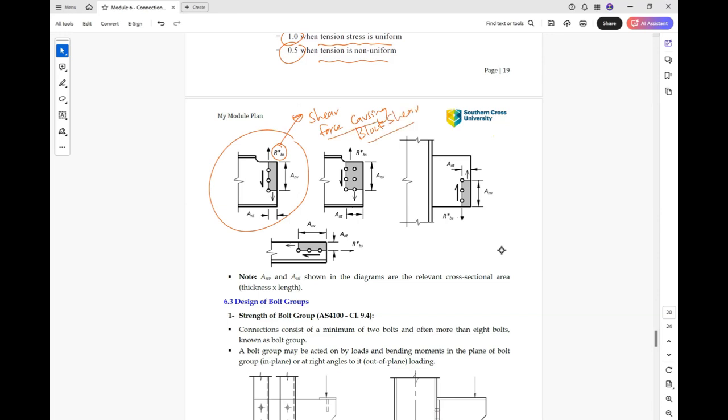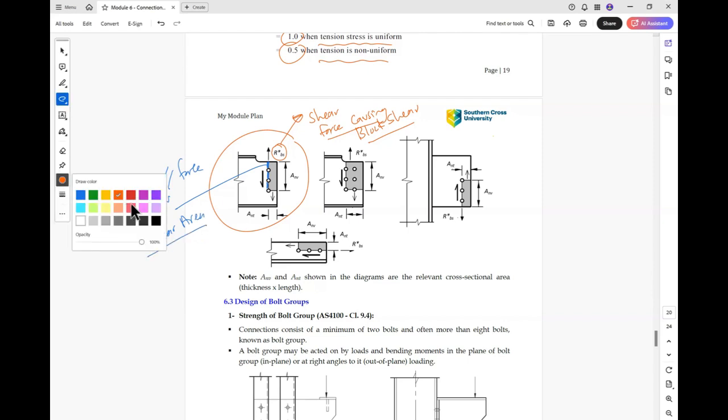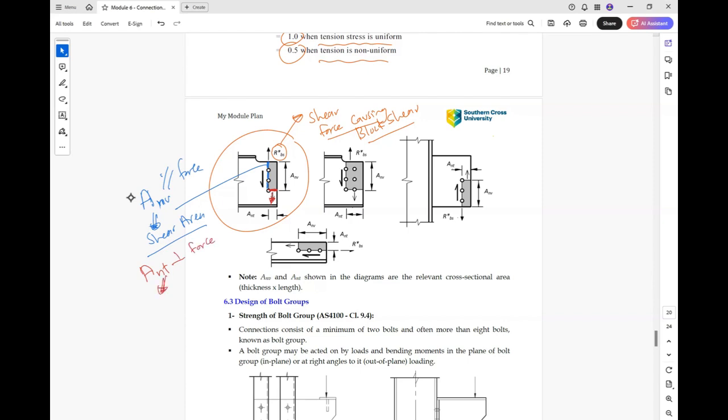If we look at the areas here, we have the area parallel to the force, this blue area, area A_nv, parallel to the force. This area is the shear area. There is another area perpendicular to the force here. So this red area will be under tension, area A_nt, perpendicular to the force. That's why this is a tension area.